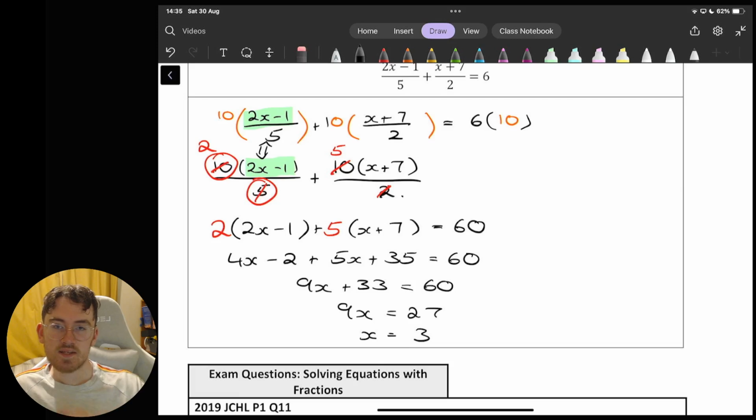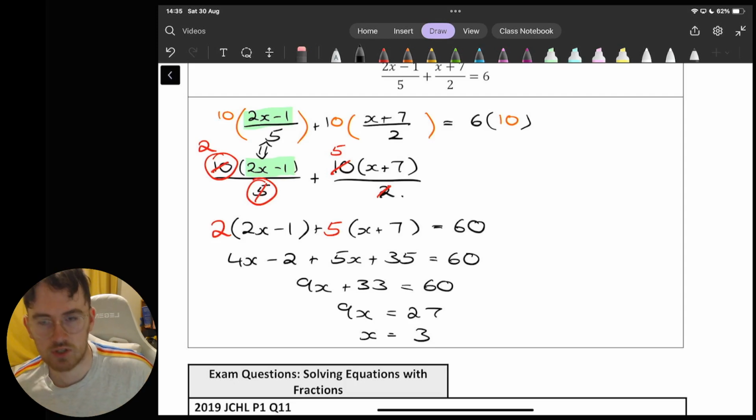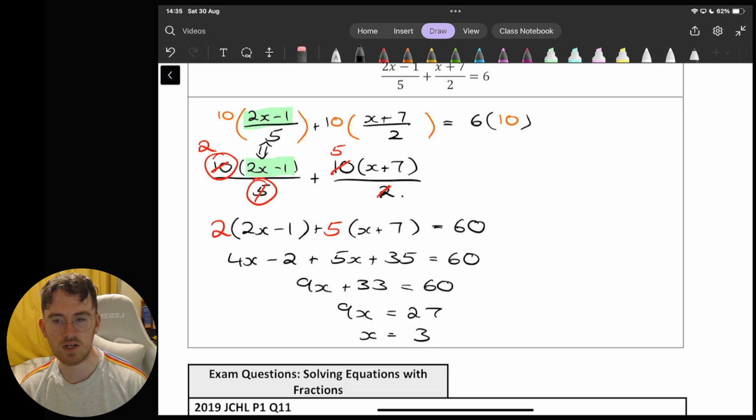So this idea that multiplying the entire equation is going to allow me to eliminate those fractions: I'm taking an expression like the 2x minus 1 that is divided by 5. I am multiplying it by 10, which has the overall effect of multiplying it by 2 because the 5 divides into the 10. Similarly on the second one, it's divided by 2, but it's multiplied by 10, so 10 divided by 2 gives me 5, so now it's just multiplied by 5.